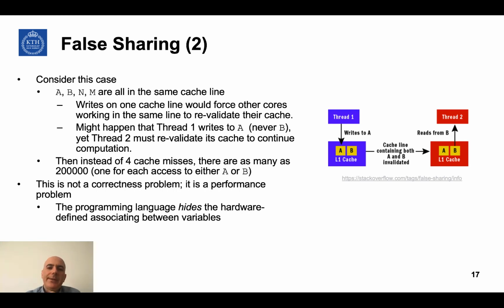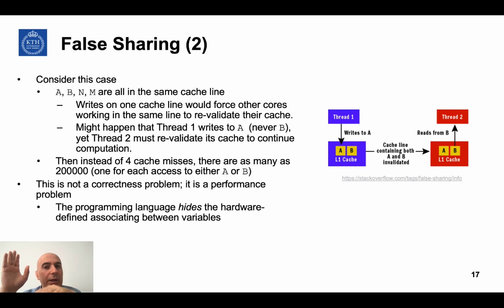The problem is that A, B, N, and M could be on the same cache line. In particular, if A and B are on the same cache line, a write on one cache line would force other threads working on the same cache line to revalidate their cache, right?